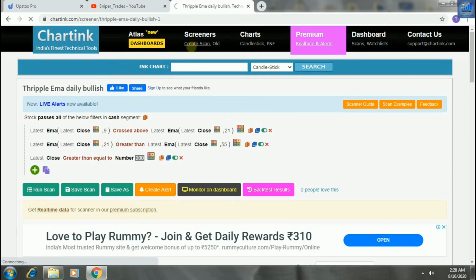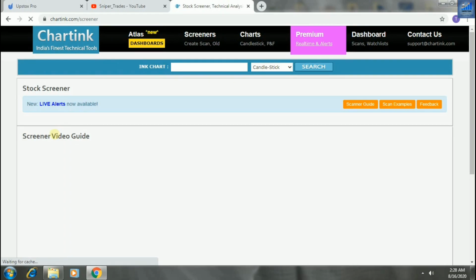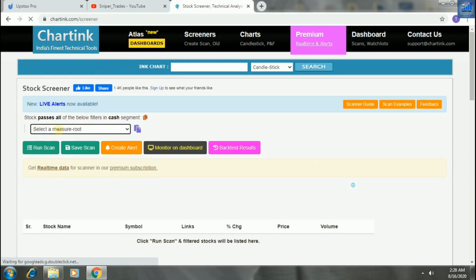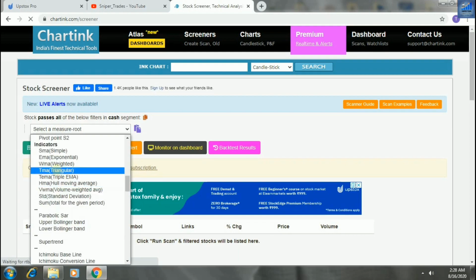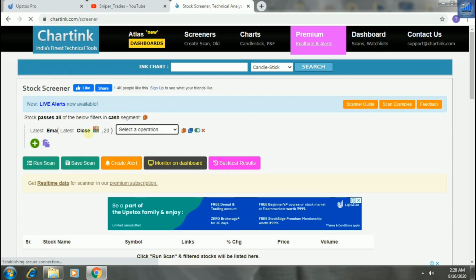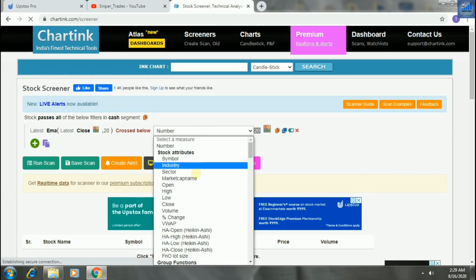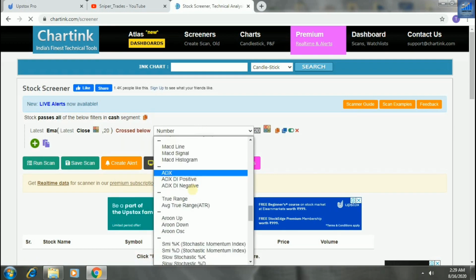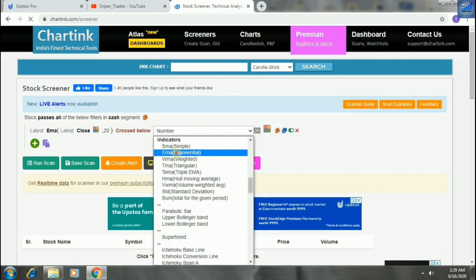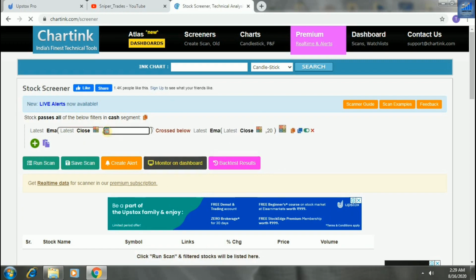Let's go to create scan. Just press plus here, click EMA, crossed below, click EMA again. In this first period we are going to select 9 again, and in the second one type 21.